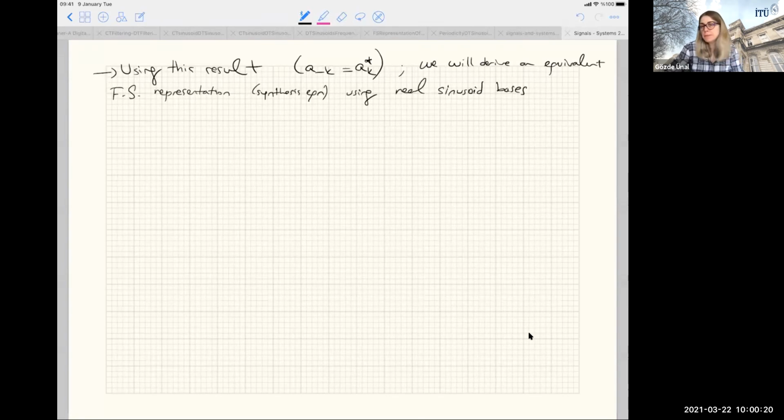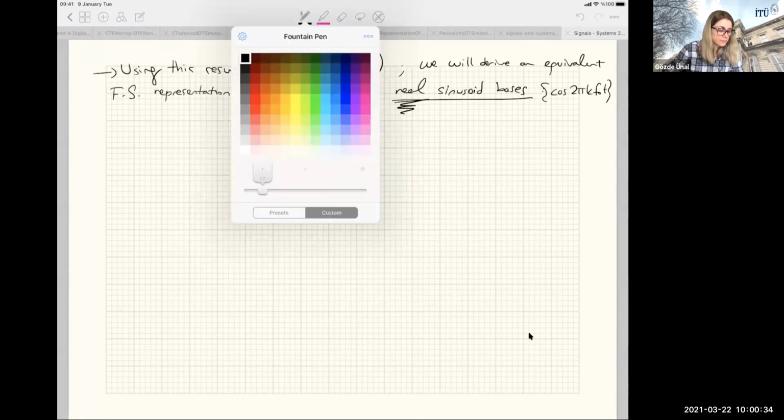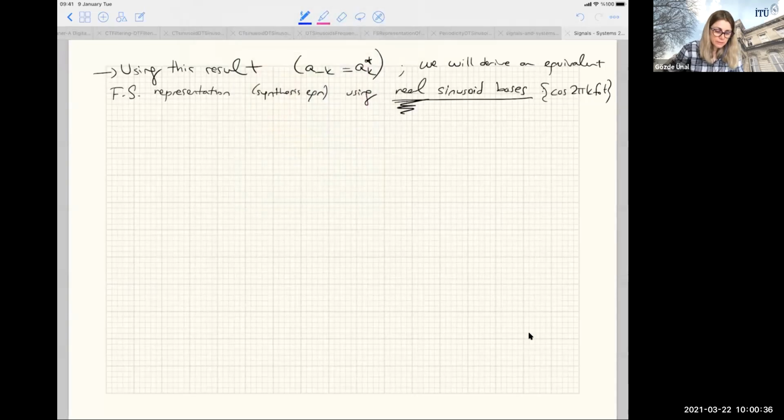So those will be cosine 2 pi k f0 t. But for real, always pay attention: this is valid only for real sinusoid signals. Let's go to now our real, say x of t is real.